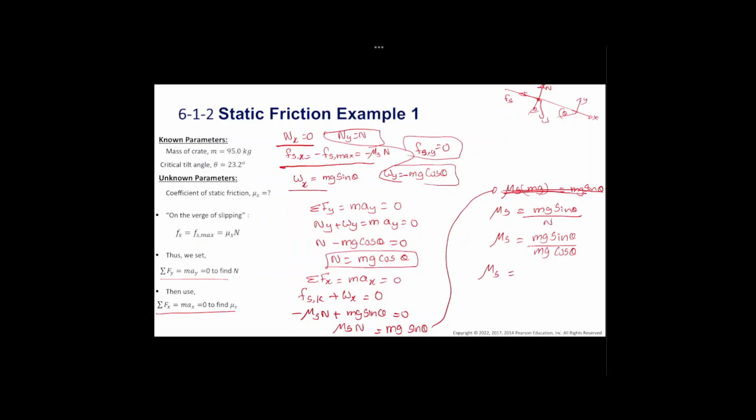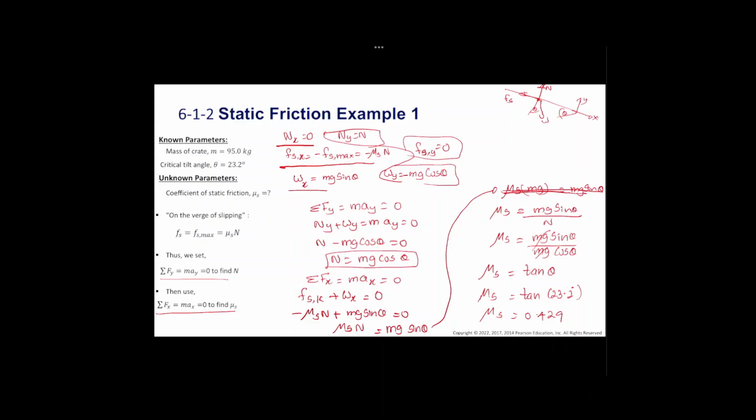Therefore, it is equal to tan theta, since mg cancels out. And now we know the angle. It is 23.2 degrees, and if we solve for the value, we get 0.429. That is the coefficient of static friction.